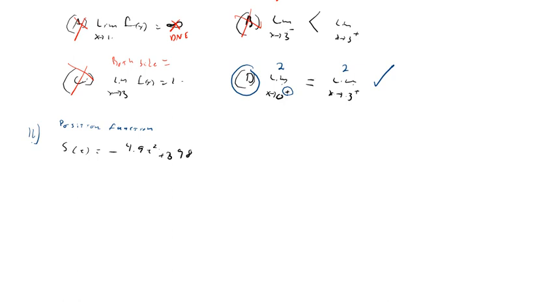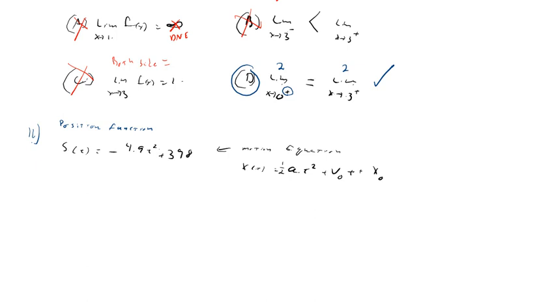This is a motion equation, and we'll be talking more about these types of equations soon. If you've taken physics, you know the equation of position, x of t, is 1/2 a t squared plus v naught t plus x naught.